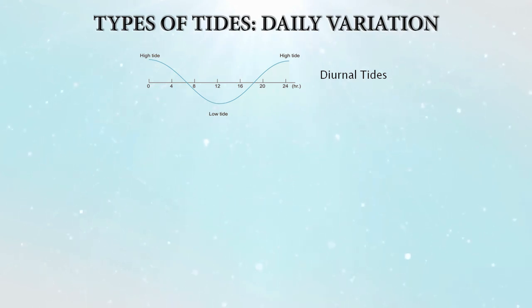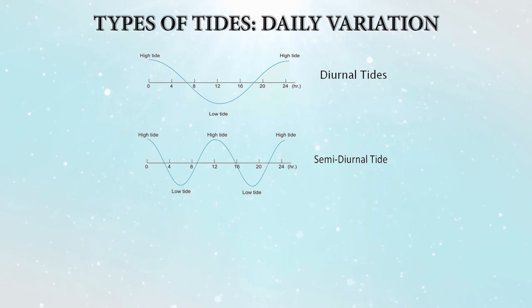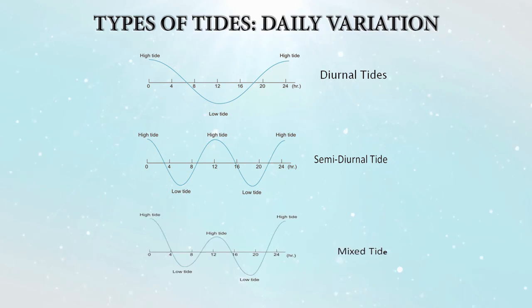And then semi-diurnal tides: you see that high tide to low tide and then again high tide takes about 12 hours 25 minutes. And mixed tides have varying amplitudes of high tides and low tides, and there may be various reasons for it, and these happen mostly in mid-latitudinal areas.